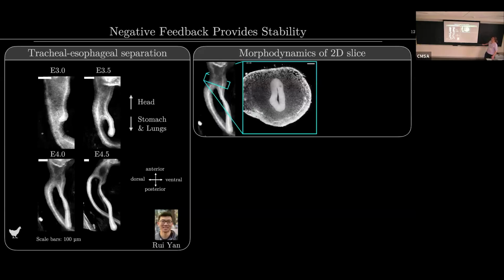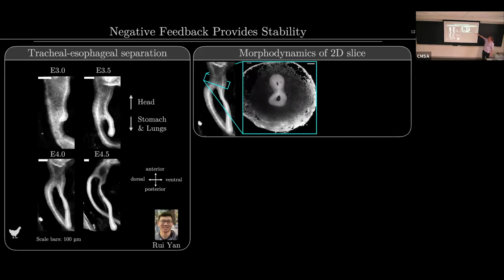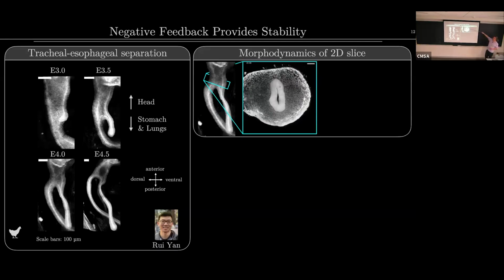So in the first step, Ray, to study this process, took a two-dimensional slice through the tube at the position where it is not yet separated, and then studied this two-dimensional slice over time. So in this two-dimensional setting, the growth is being replaced by the time evolution. And what you see is that this epithelial ring that is initially containing one lumen over time separates into two lumen.